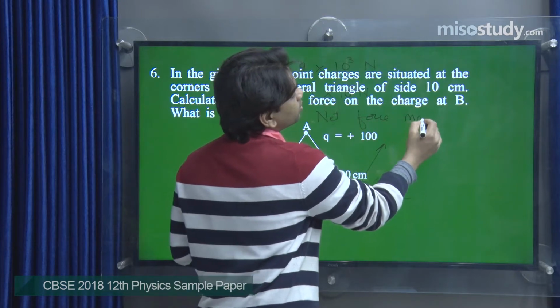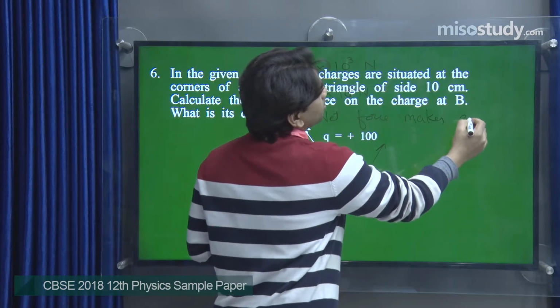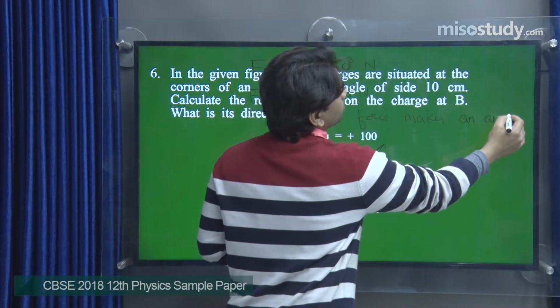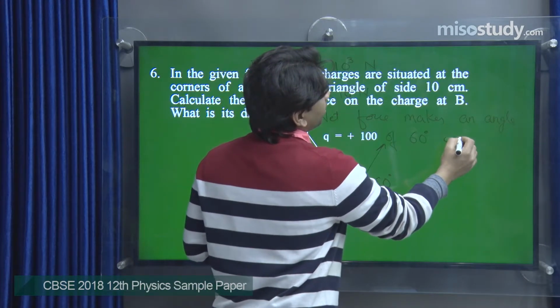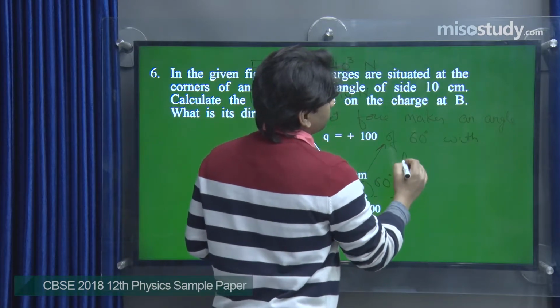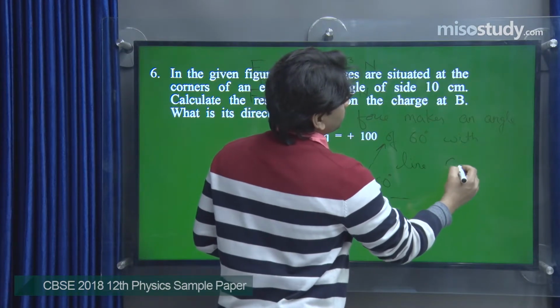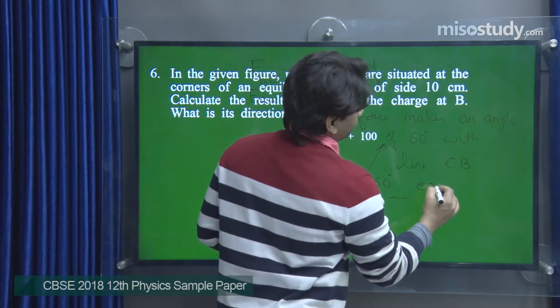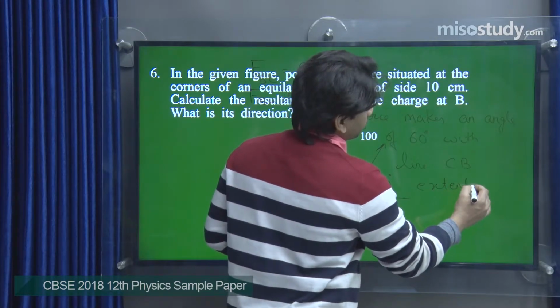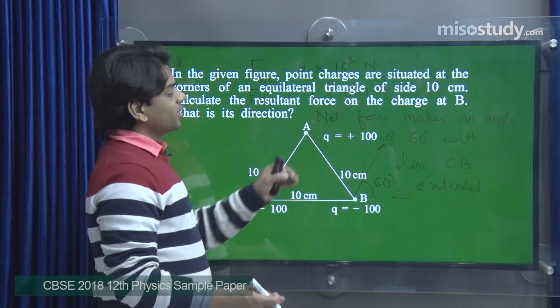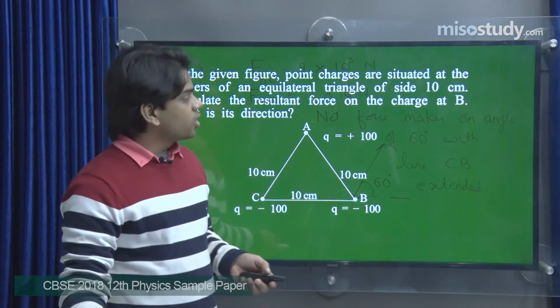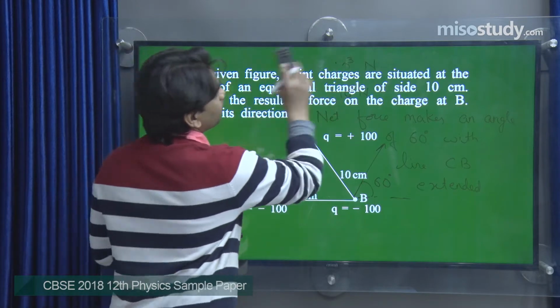You can show it in the diagram also. If you extend this line CB, you have to make an angle of 60 degrees. This is the direction of the net force, which you can easily make out.